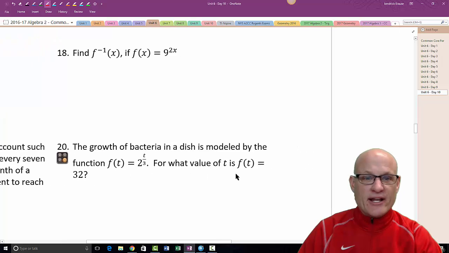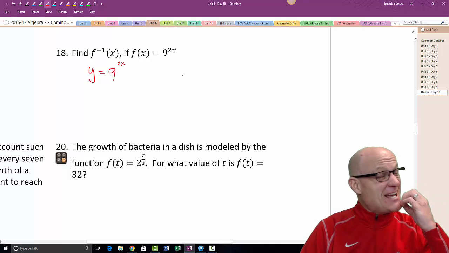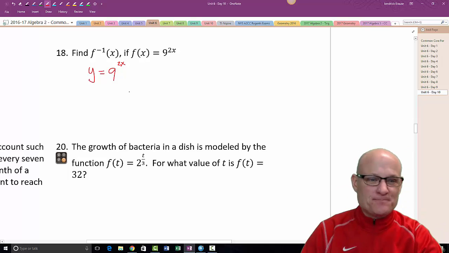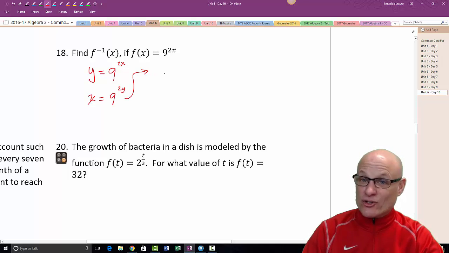So here's another way of saying, hey, find the inverse. Well, maybe the first thing I want to do is write it as y equals 9 to the 2x. Okay, this one's a wee bit trickier, but not much. Let's switch x and y. So x equals 9 to the 2y. This is an exponential. I need to turn it into a log.